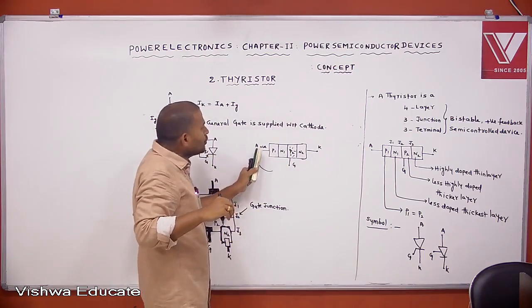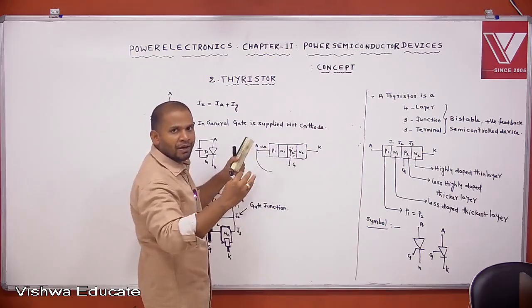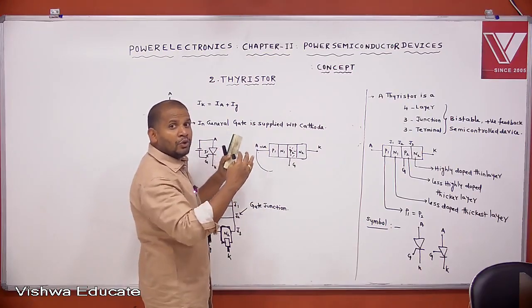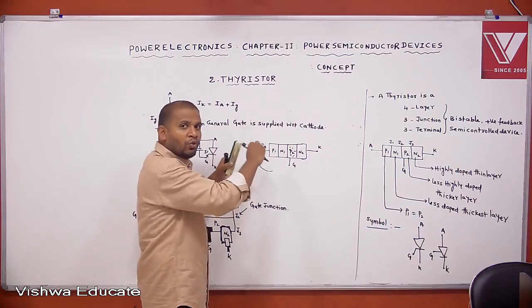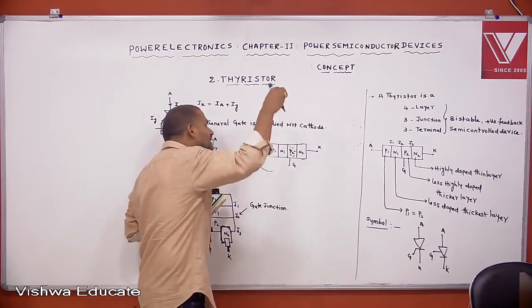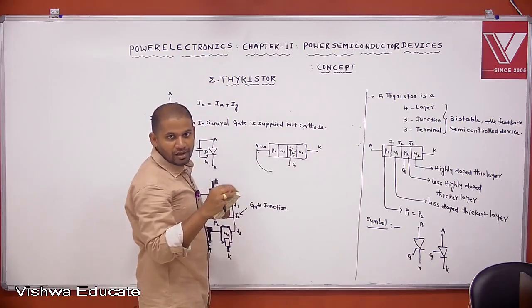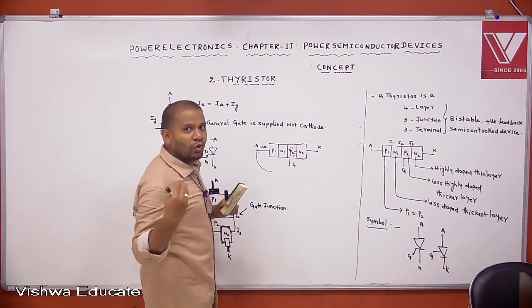Because this is a positive plate and this is a positive plate, because of repelling, you want to inject the gate current against that opposition. We can overcome that opposition, then we can inject the gate current into the P2 layer. That's why it requires more gate voltage.